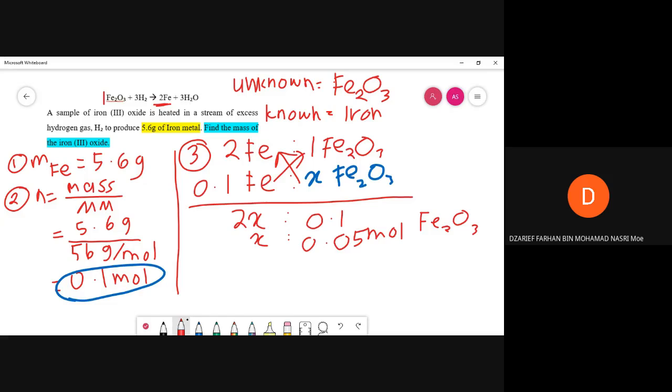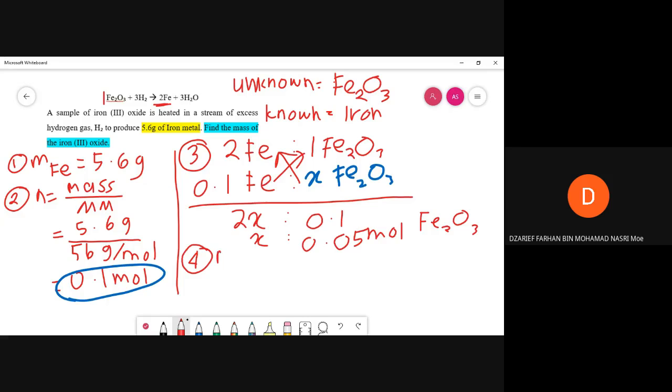Okay? So you already have the number of mole. Can you proceed with finding the mass of the iron(III) oxide? Can? Can. So what is the formula?